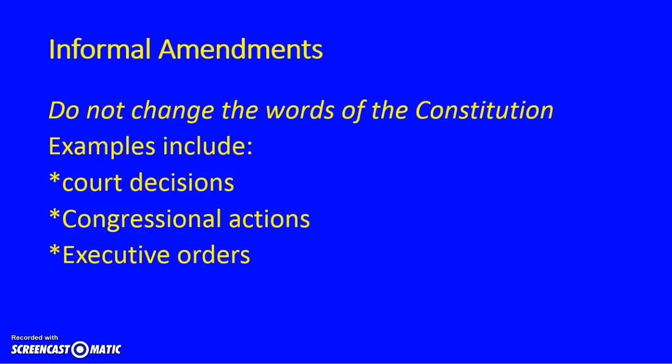Congressional actions or laws can also change the way we do things, or executive orders. An executive order involving integration was when Truman ordered the military to be integrated in the late 1950s. These are changes, but they don't add to the numbers of actual formal amendments.